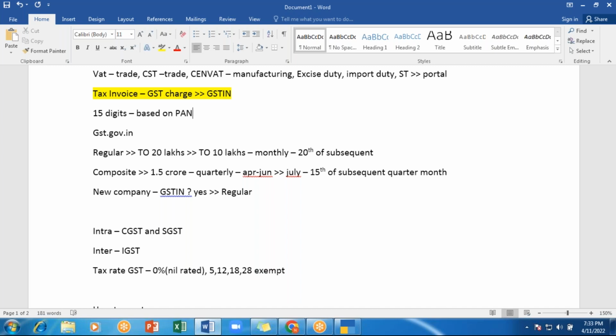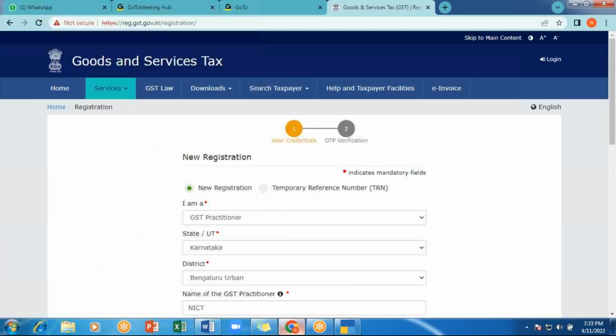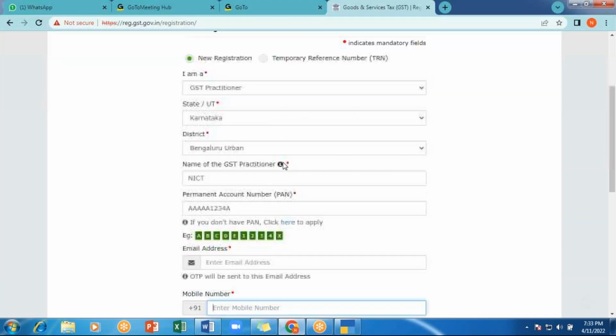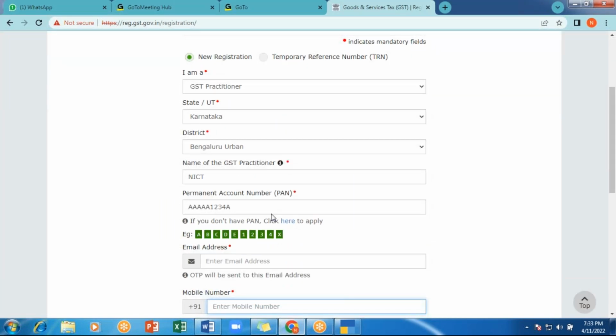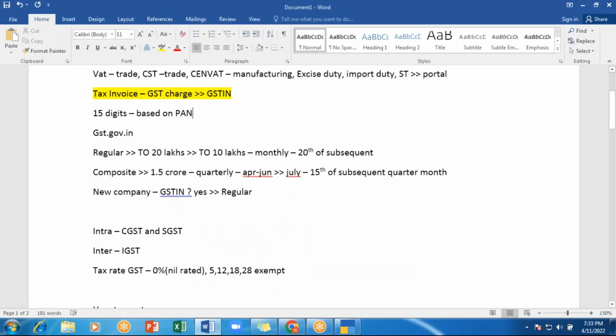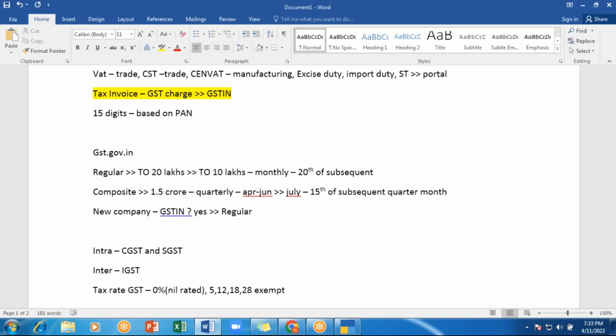What PAN number? When we apply, in the first case, I've given a PAN number, right? The 10 digit PAN number. Based on this, I will be getting a GST TIN number. How will I get 15 digits? The PAN number has 10 digits. The first two digits show you the state code, the state where your company is registered.